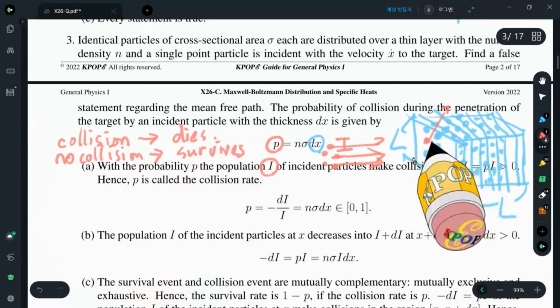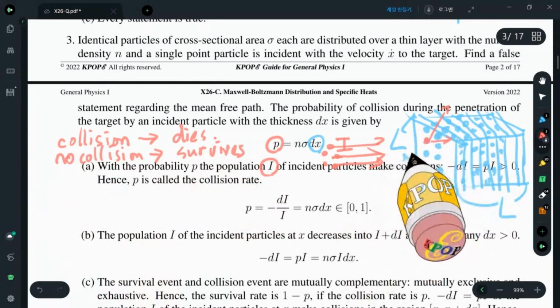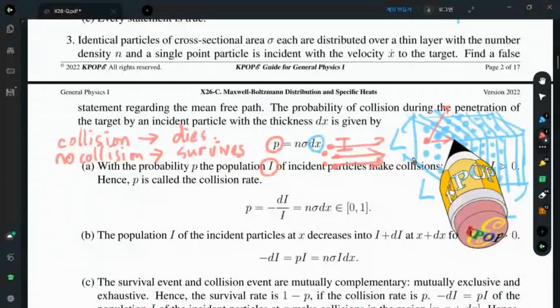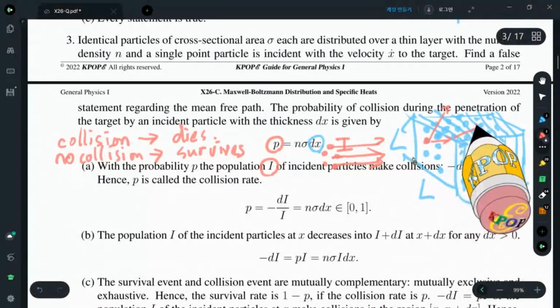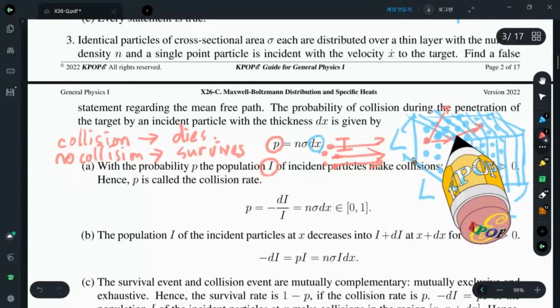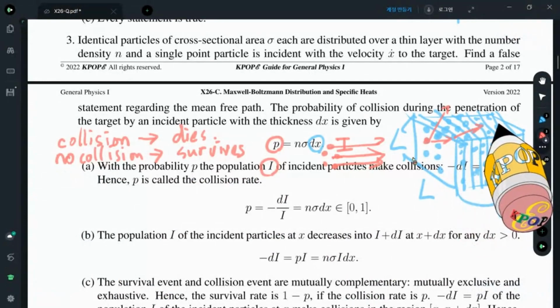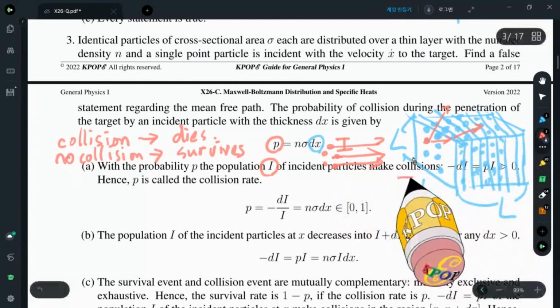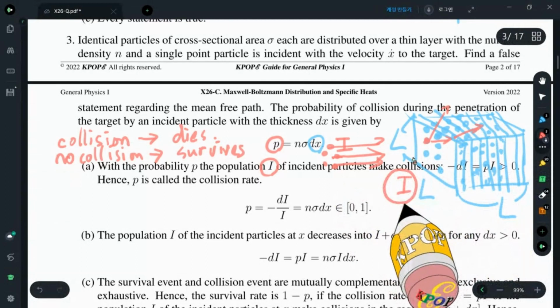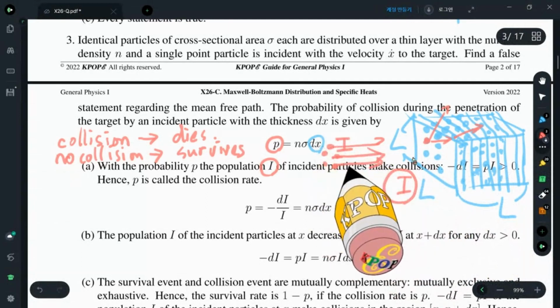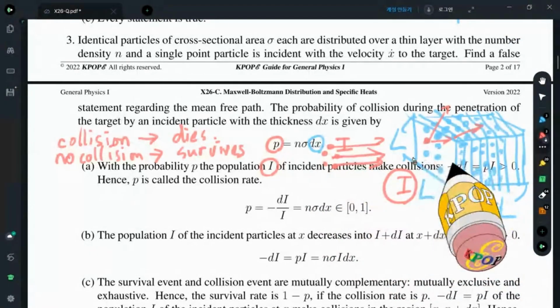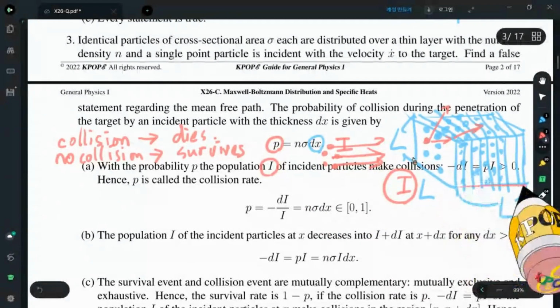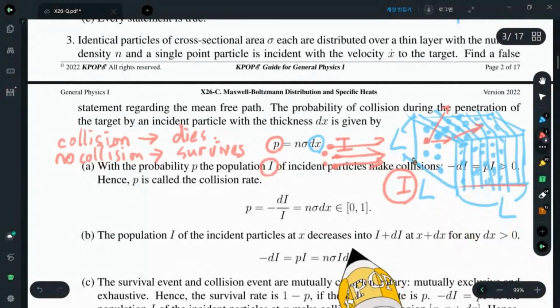If it survives, then it goes continuously. And then at some point, it will make a collision and disappear, and so on. So we expect that the initial population decays smaller and smaller as we increase the thickness of the target.